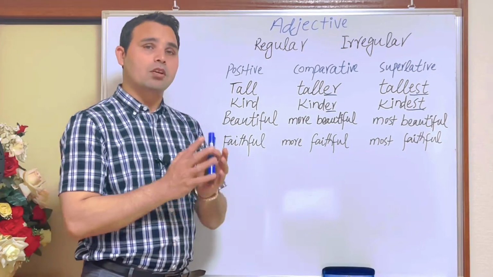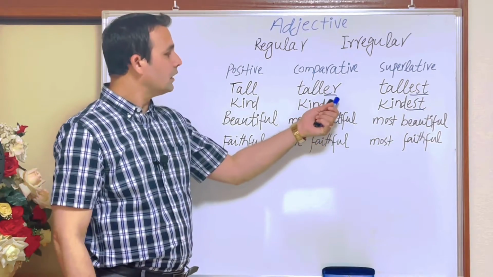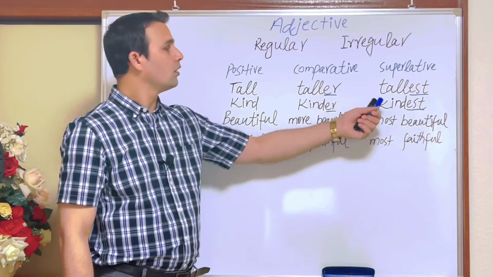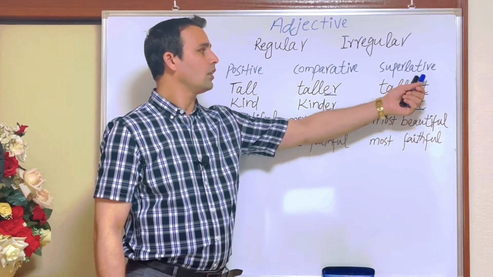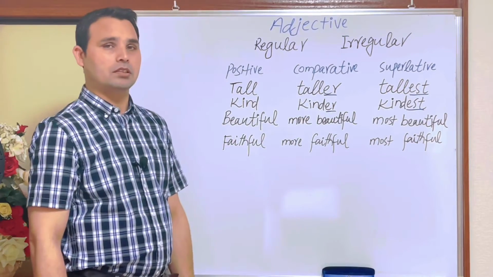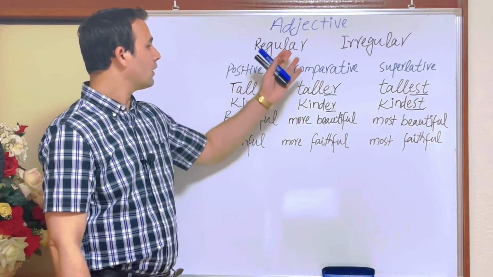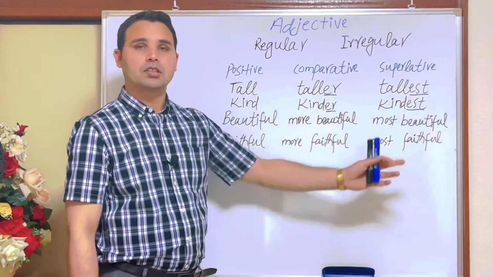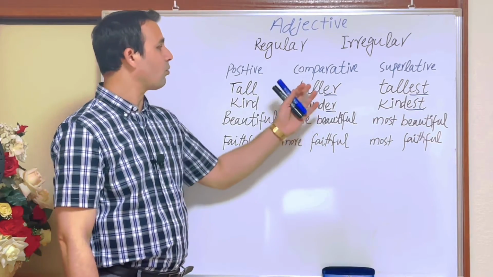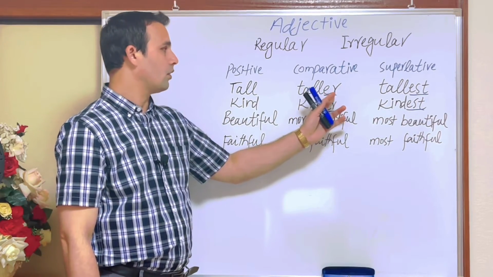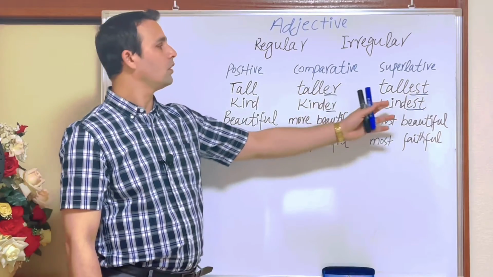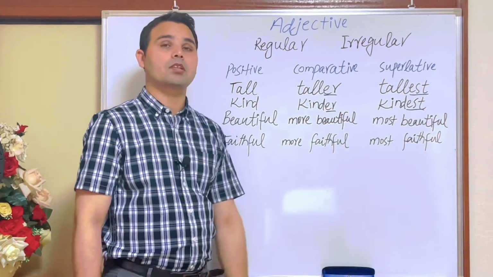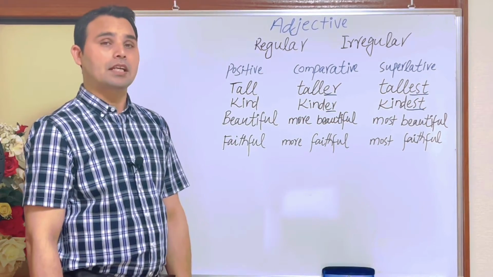Regular adjectives are always ending in ER in comparative degree and in EST in superlative degree. So regular adjectives are like tall, taller, and tallest.